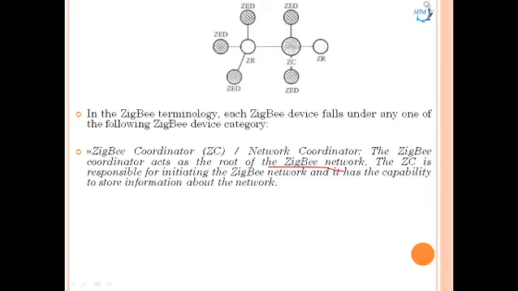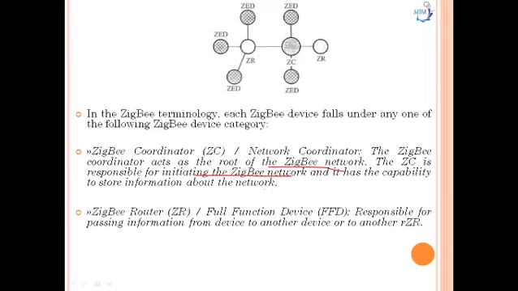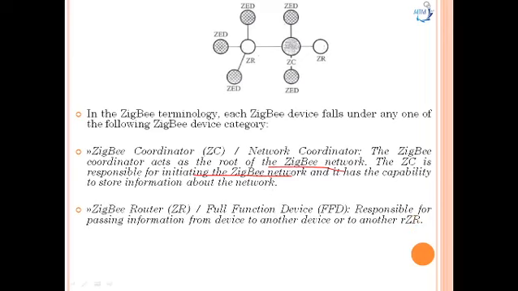The Zigbee coordinator is responsible for initiating the Zigbee network, and it has the capability to store information about the network. Then the Zigbee router, or full function device, FFD, is responsible for passing the information from one device to another device or to another Zigbee network.